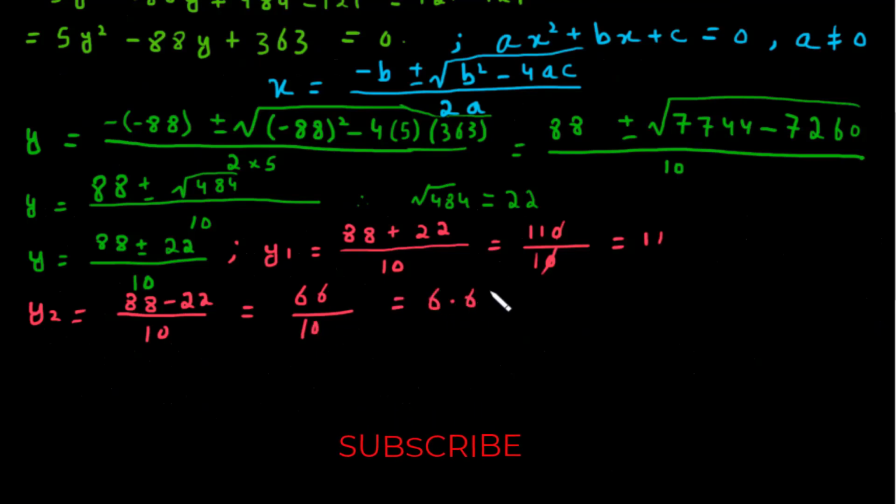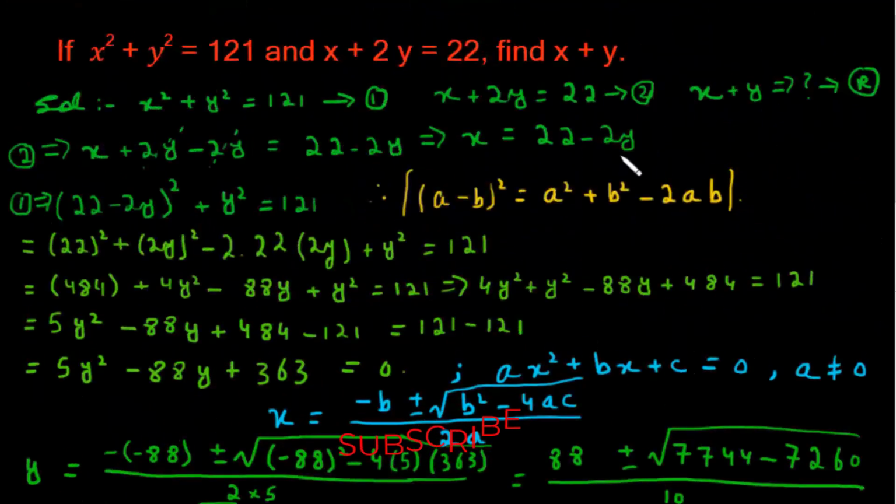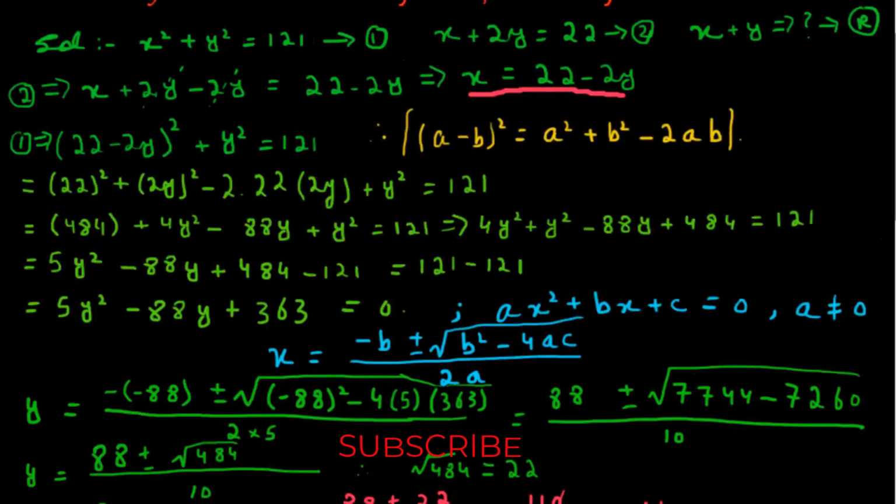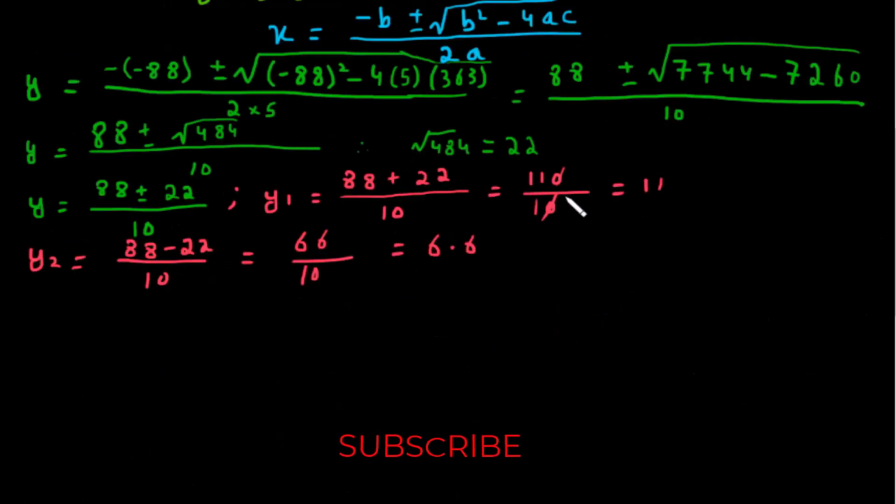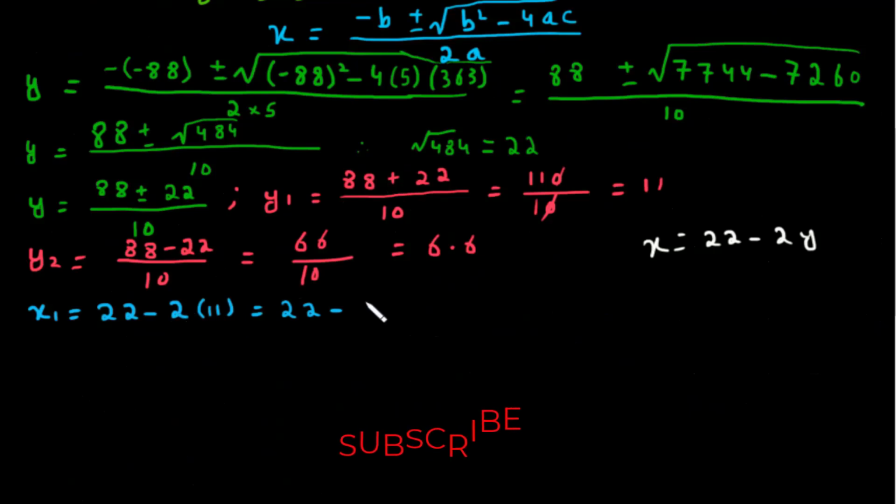Now as y has two values, similarly x will also have two values, and to find those two values of x, I will use the equation x is equal to 22 minus 2y. Now for y sub 1, x sub 1 is 22 minus 2 times 11, and 2 times 11 is 22, so that is equal to 0. So when x is equal to 0, y has a value of 11.